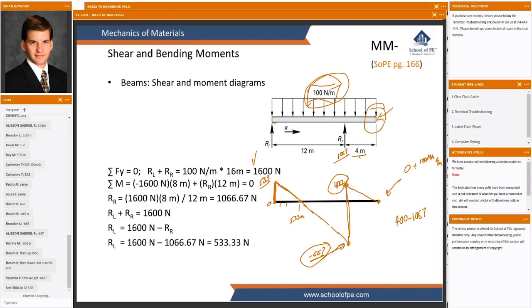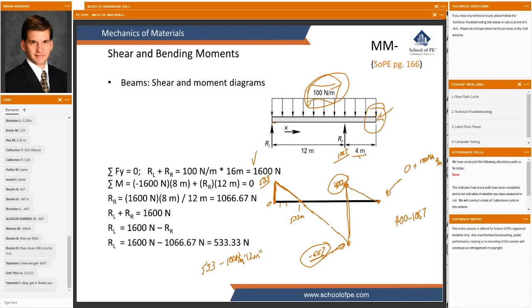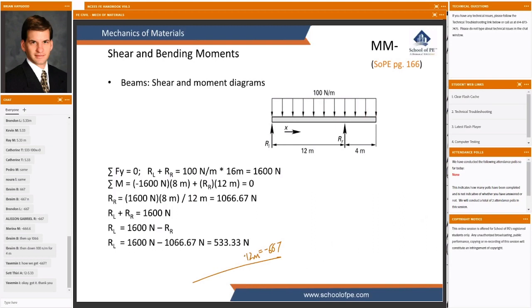If you want to start on the left and get that value, then you do 533 minus a slope of 100 newtons per meter times 12 meters, and that gets you negative 667 from the left. I think the right-hand version might be easier, but really they're both pretty reasonable.